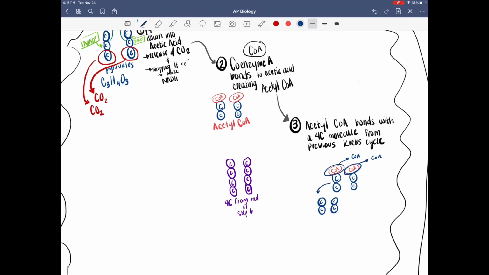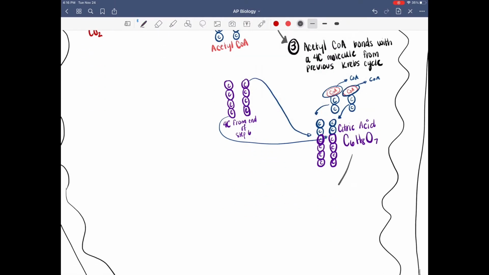So step 3 is where that CoA is leaving. We have the 2-carbon molecules. We add on that 4-carbon from the end of step 6, creating citric acid, which is the other name. So this is the C6H8O7. You don't need to know the C6H8O7, just know that it's a 6-carbon molecule.